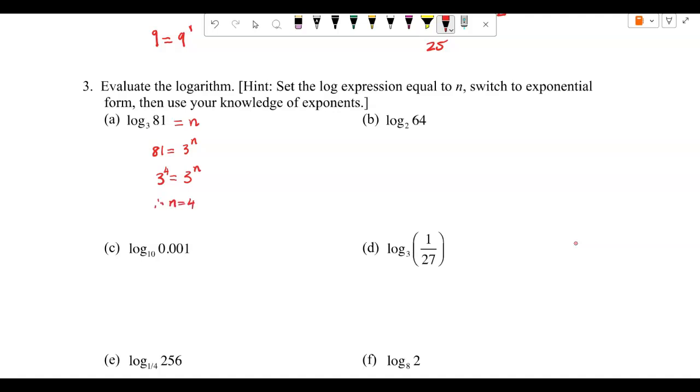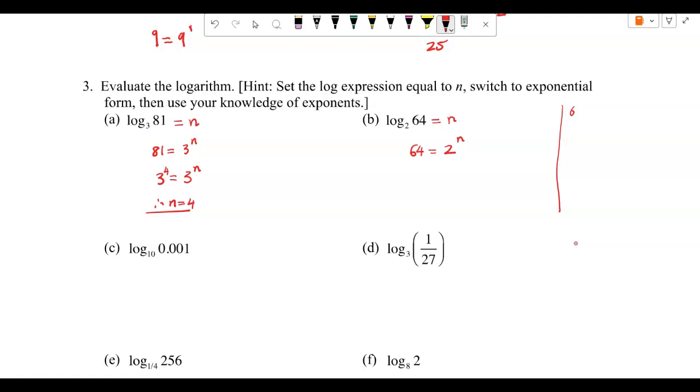4. Simple. Next one, b: log 2 of 64. You call it n. You're finding the value of the log, so I have to find n. You let it be n. Now you push the 2 up to the other side and drop the log, and then n goes up. 64 is 2 to the 8?